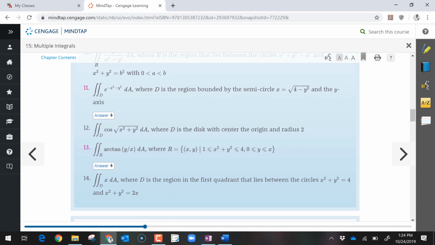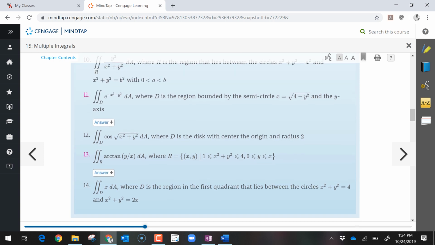Which one should we do? 11, 12, 13, 14? 12? Let's start off with 12 and then maybe we'll do 13.